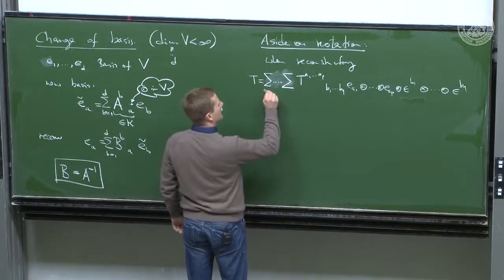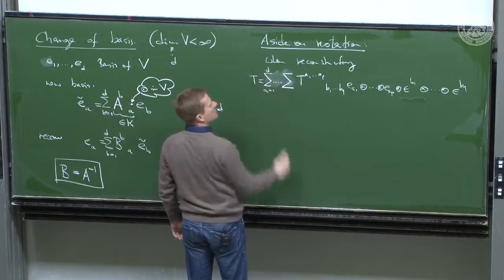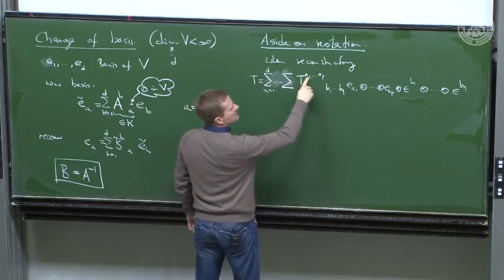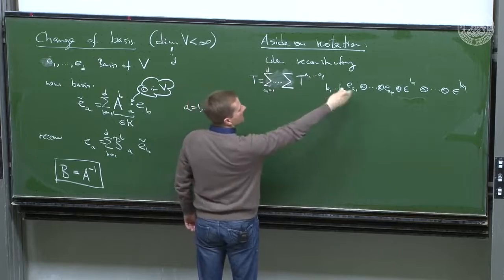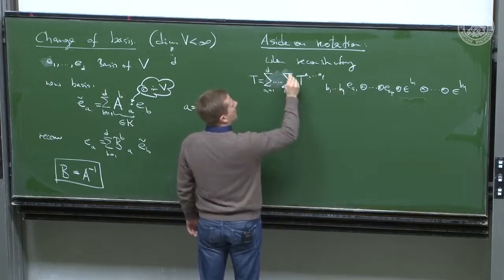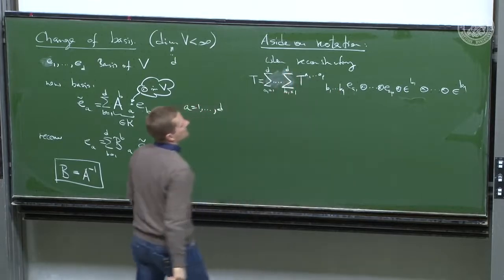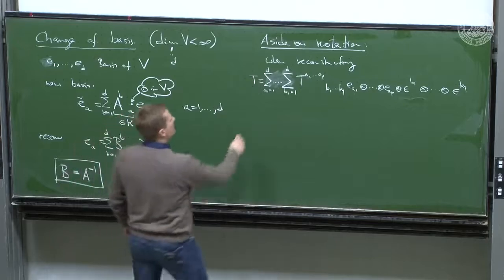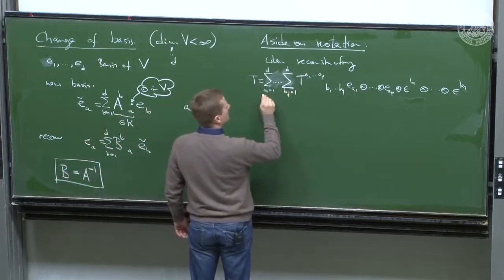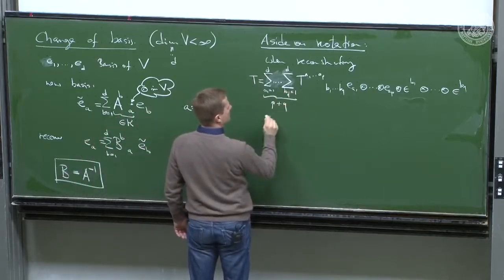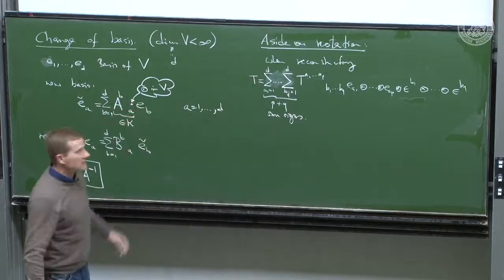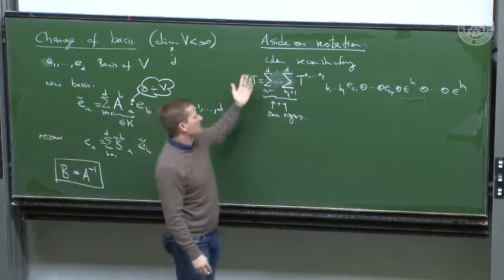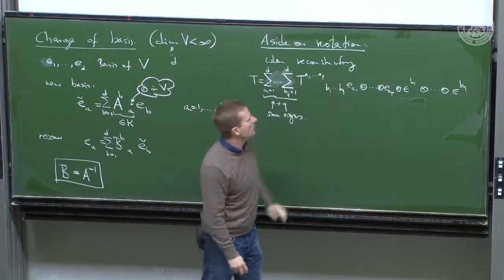Namely, the sum runs A1 equals 1 to the dimension of the vector space. That's this A index we're summing over. A2 from 1 to D, down to B1 from 1 to D, which is also the dimension of the covector space. And these, up to BQ, are P plus Q sum signs. They must be there because you sum over all of these.